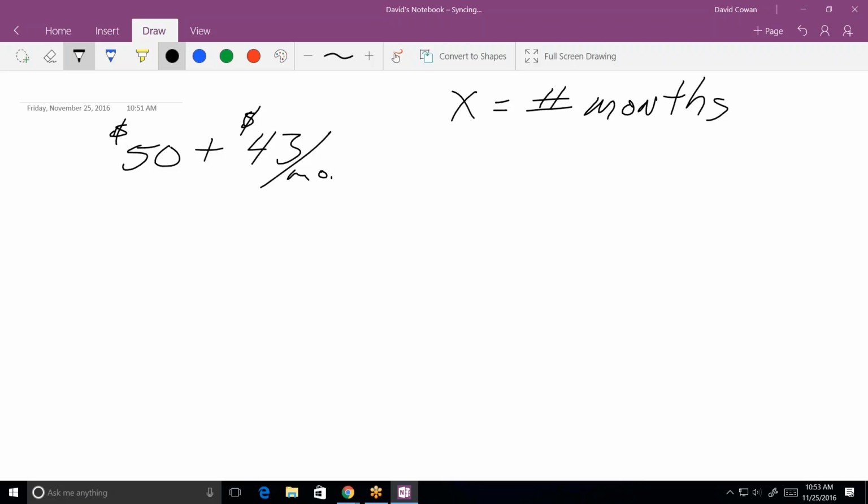Now, let's put in a function defining average cost as a function of x. What's it going to be?